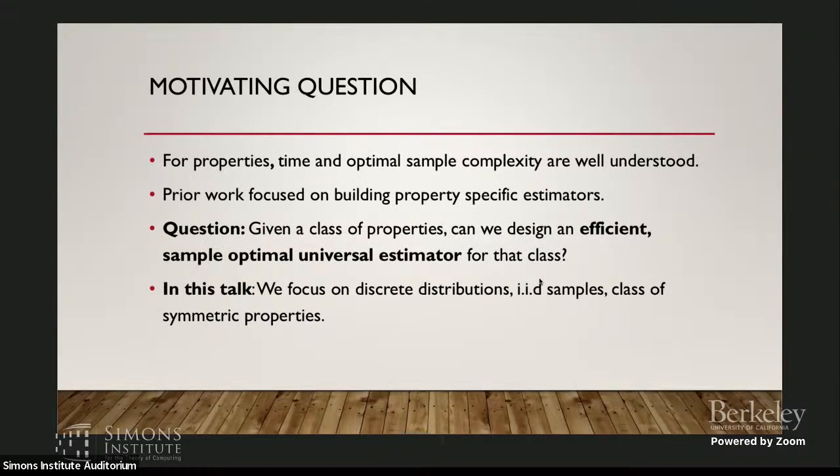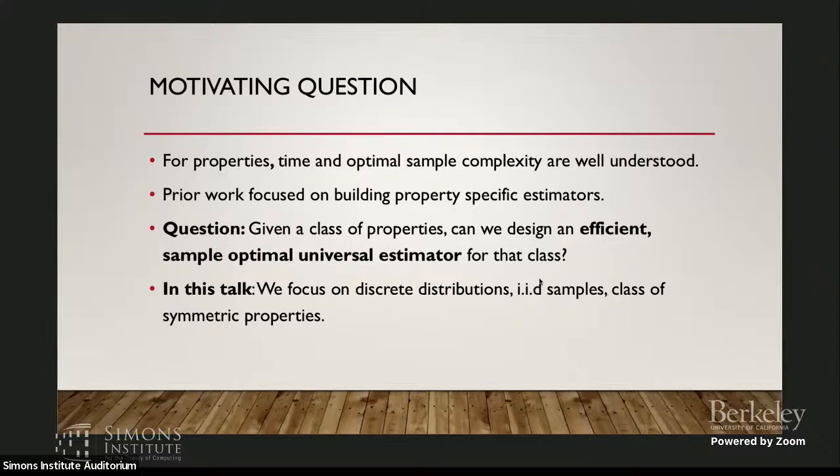When I say extract meaningful information, I mean estimate some property of the distribution. For many properties, the time and sample complexity for estimating them is pretty well understood. But all this prior work focused on designing property-specific estimators, a very fine-tuned estimator for a particular property, which achieves optimal sample and time complexity.